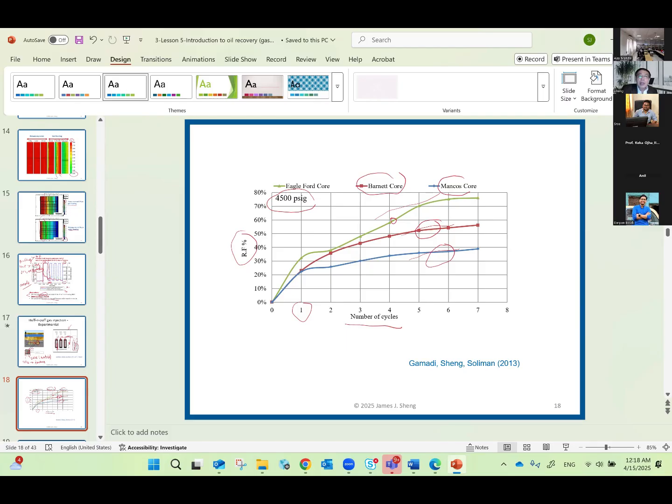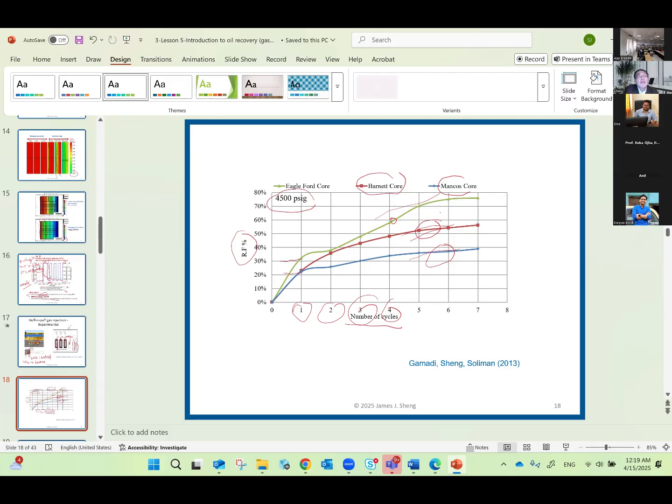Okay, so now, first, it doesn't matter which core, all show that with more cycles, more oil is produced. That's the first observation. Second observation, from the first cycle, how much oil are we going to get? From Eagleford, we get 30%. From the other two, we get 22%. So this oil recovery is much higher than 5% from primary depletion, right?